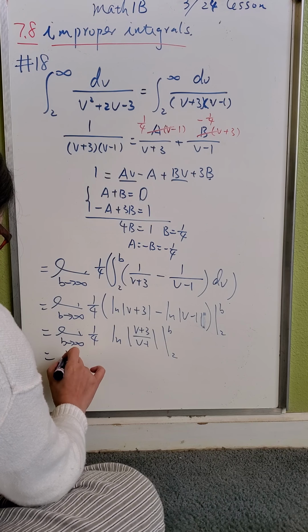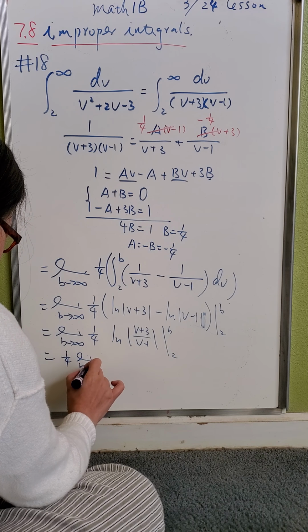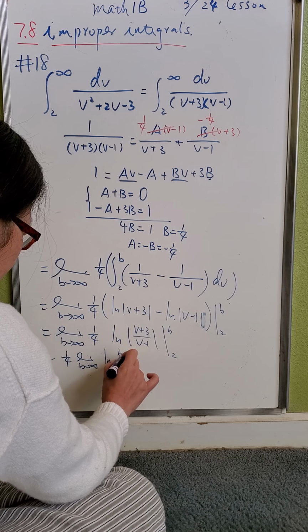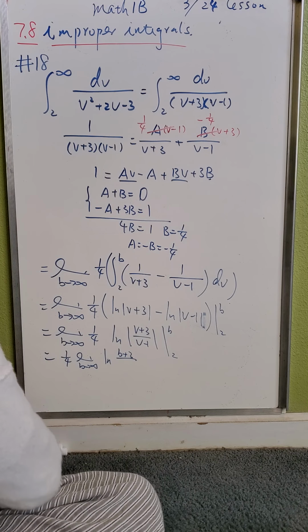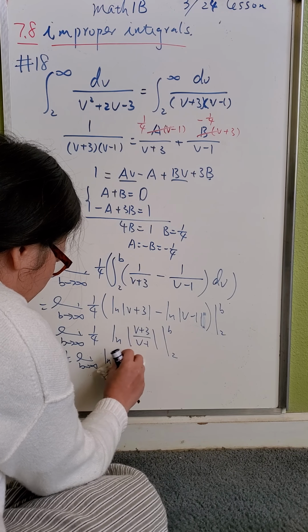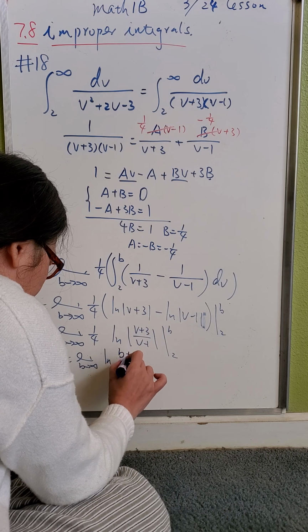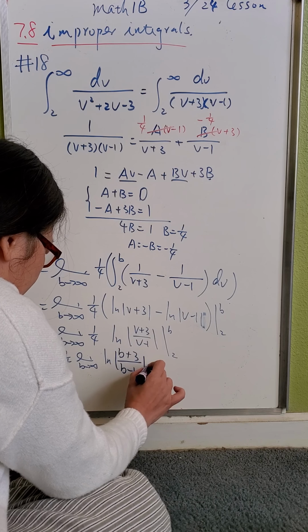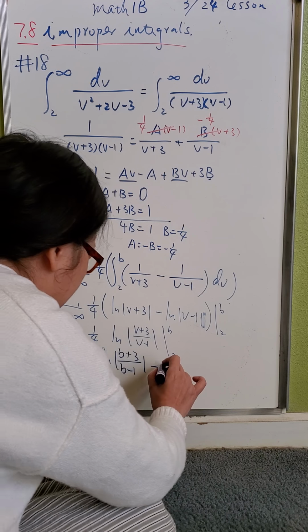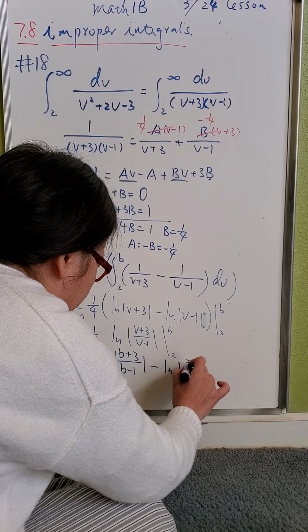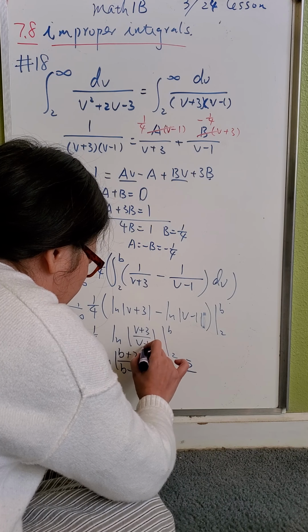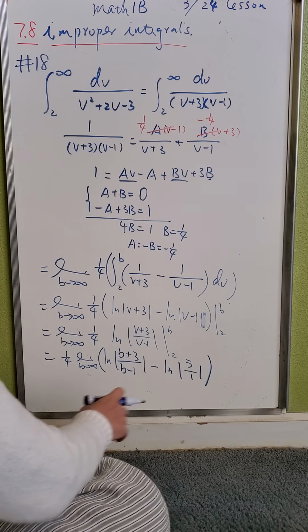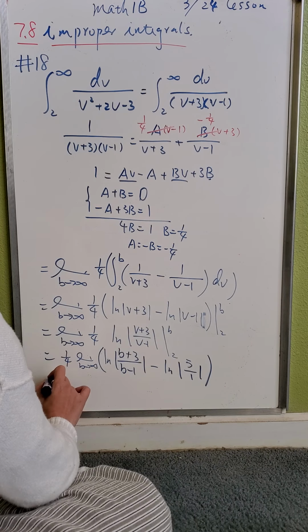So that becomes ln of (b plus 3) over (b minus 1). I take out the 1/4. Then subtract, put a 2 inside: ln of 5 over 1, so ln 5.